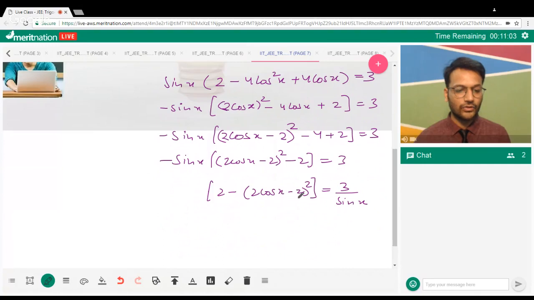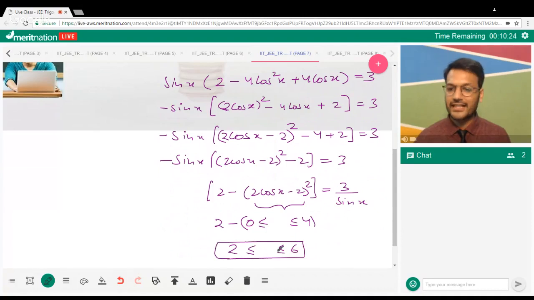And what we can see now, if I talk about this term, 2 cos x minus 2 whole squared, that must lie between 0 and 4, because it's a square. 2 minus this will lie between 2 to 6.